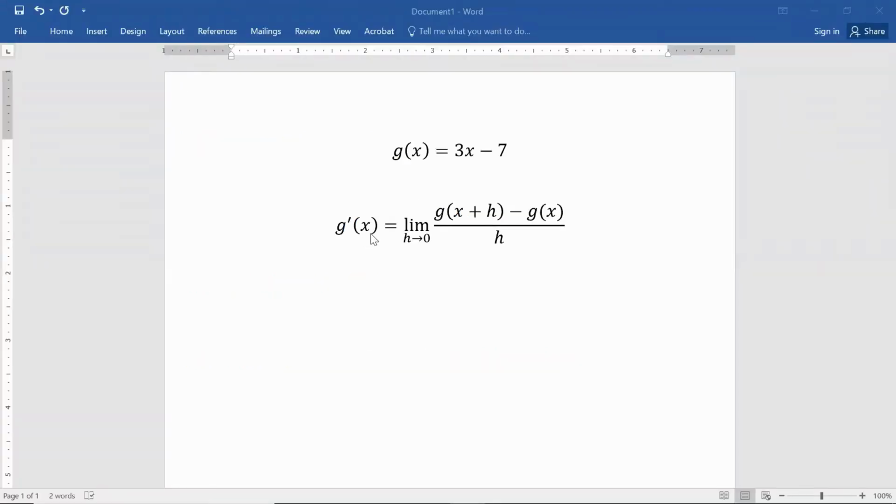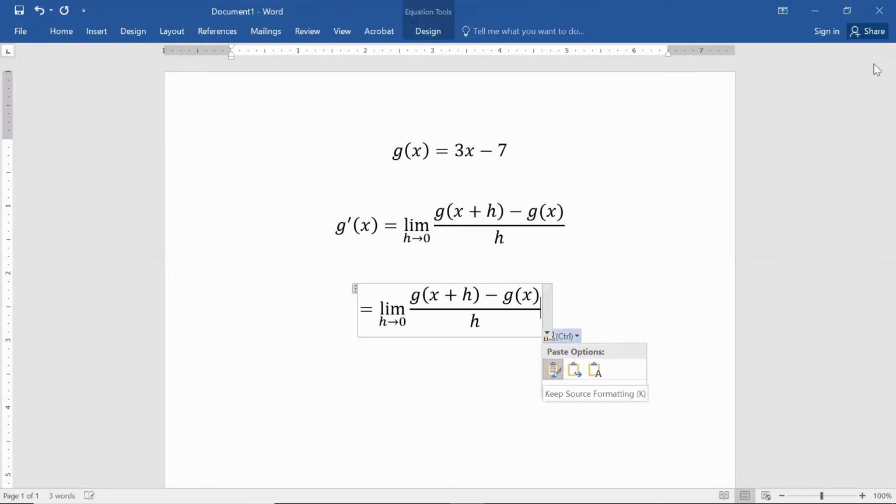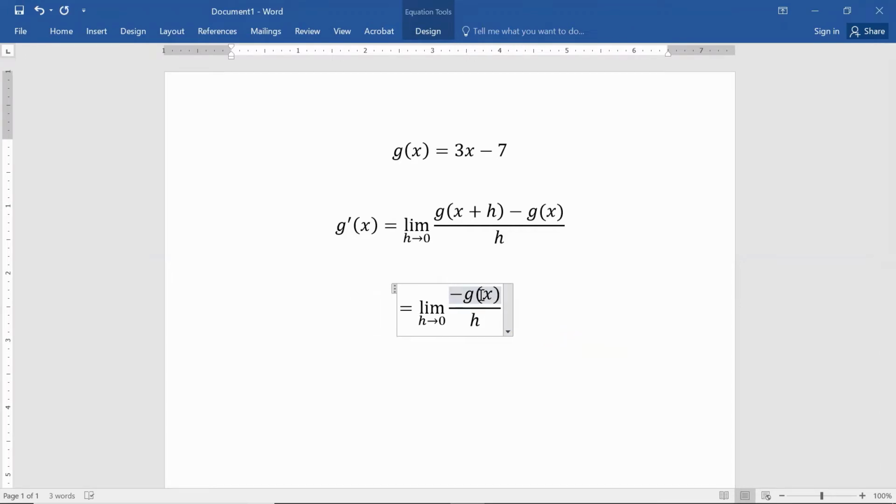So the derivative of g at an arbitrary value for x is the limit as h goes to 0 of g of x plus h minus g of x, over h. Well, plug in x plus h into the 3x minus 7 function.